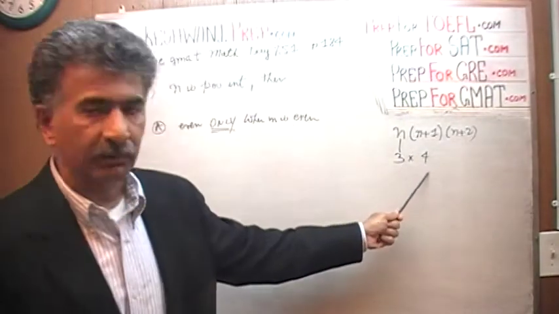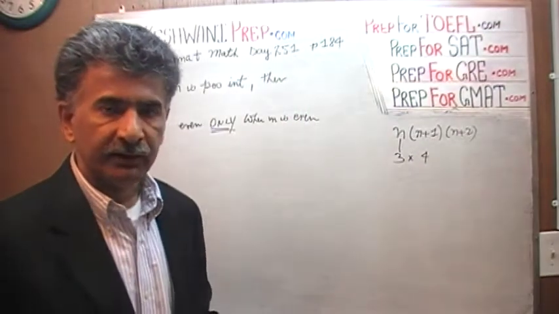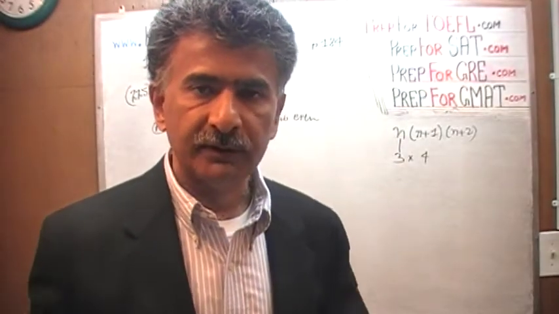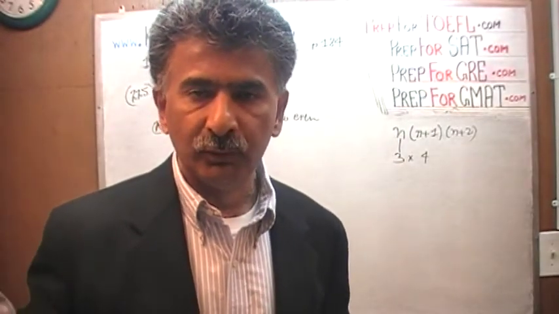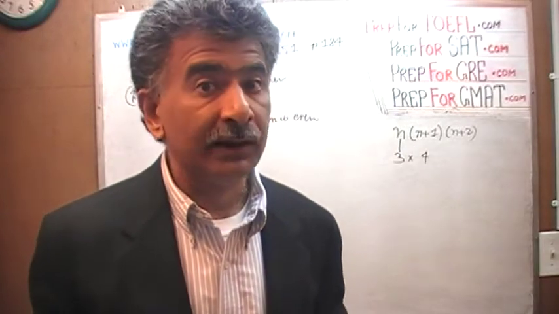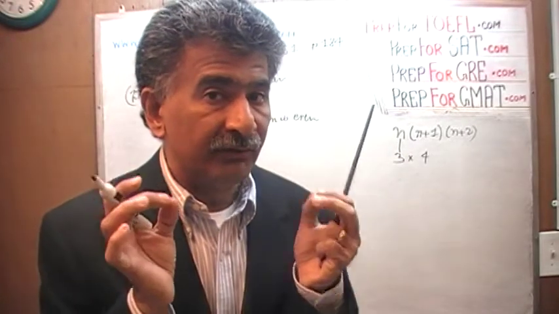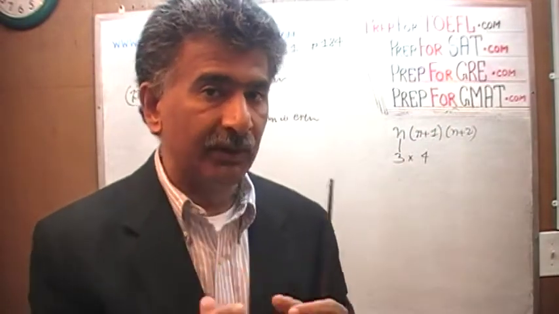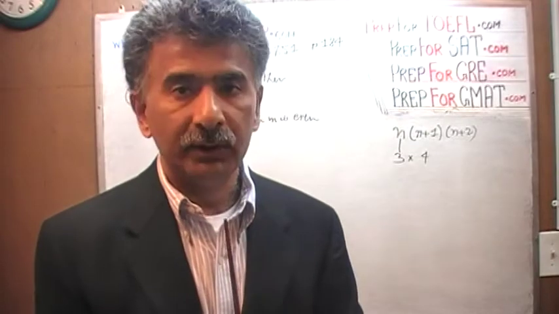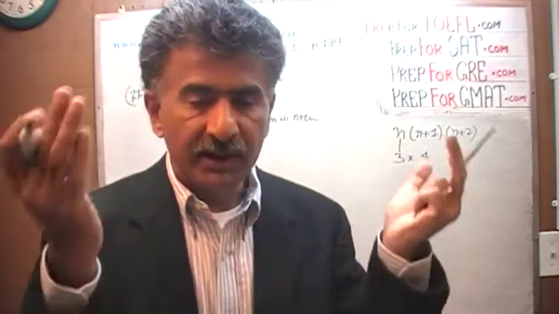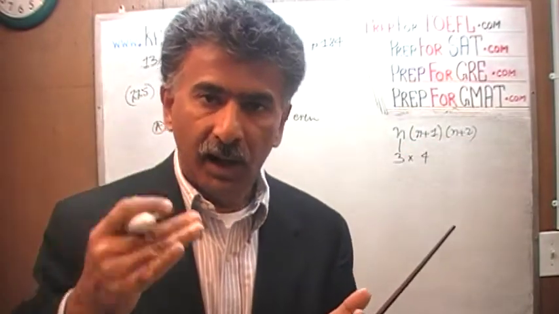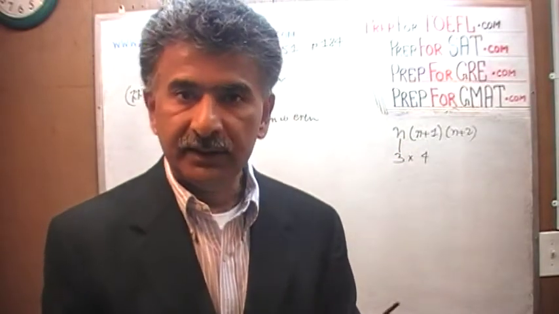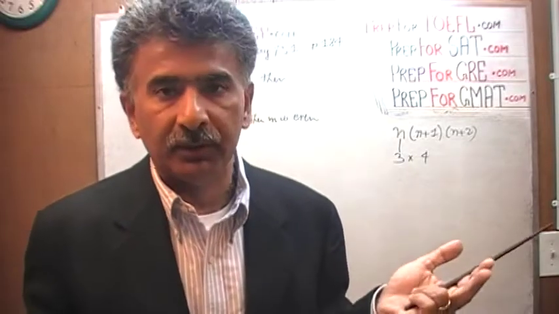As soon as you see an even number there, what we have to understand is that if you have a whole bunch of odd numbers, 3 times 5 times 7 times 37 times 947, and then at the very end times 4, it only takes one even number to turn the entire product into an even number. Because odd numbers times odd numbers times odd numbers will remain odd. 3 times 5 times 7 times 9 is an odd number.